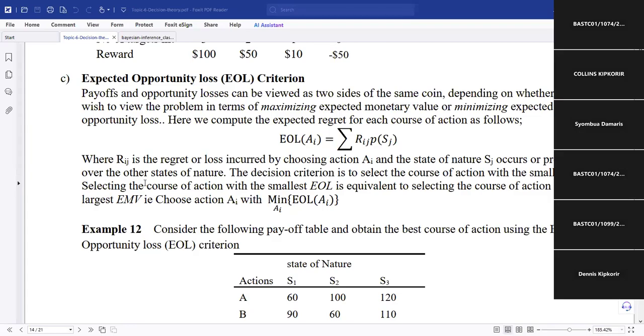Let me move to the second part. That is Bayesian estimation and inference. Second part, Bayesian estimation and inference.